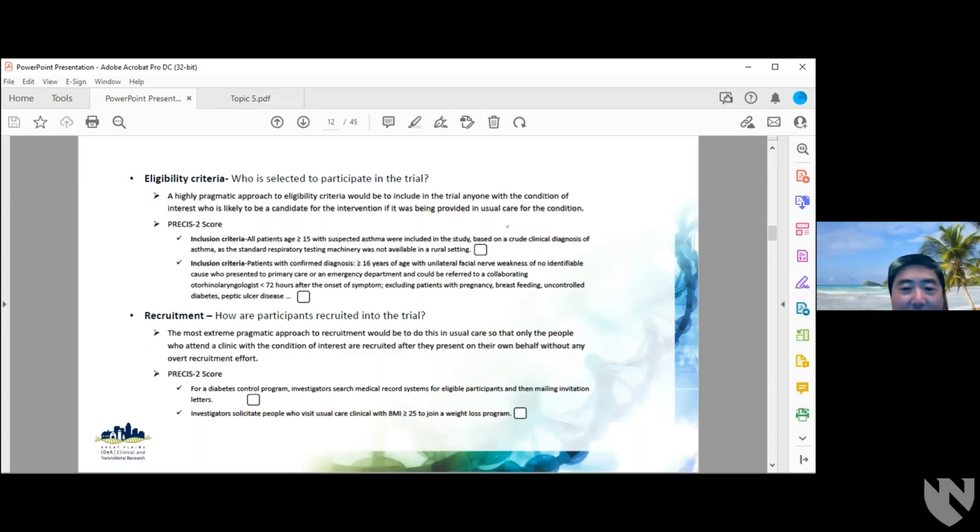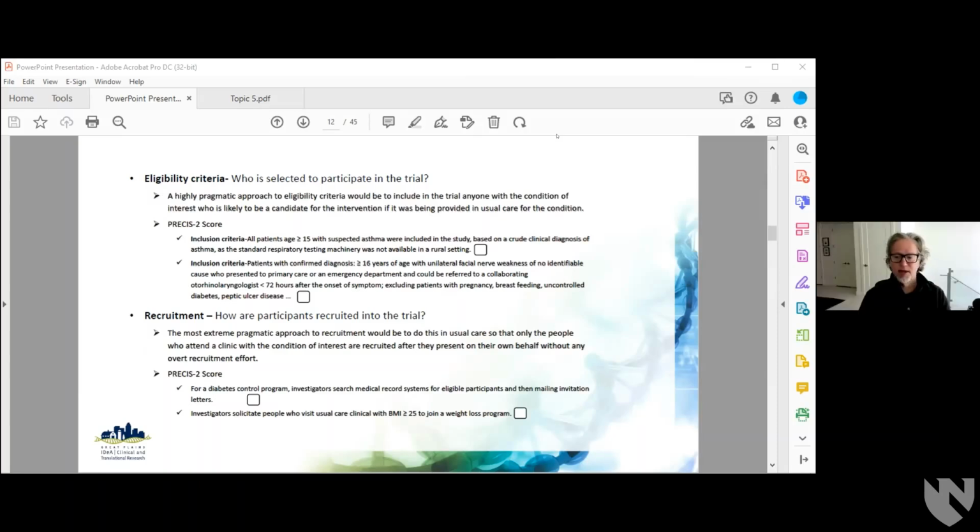So basically, it's a crude clinical diagnosis, maybe not necessarily accurate, but we basically just recruit them into the study. So what do you think? Is this going to be pragmatic? In terms of score from 1 to 5, what would you give? Remind us, is 1 less pragmatic and 5 more pragmatic? The higher the number, the more pragmatic.